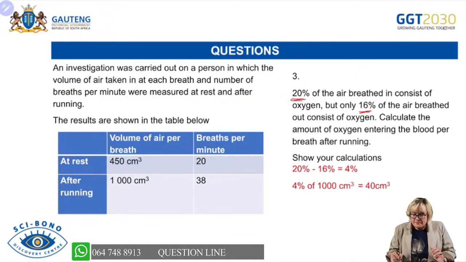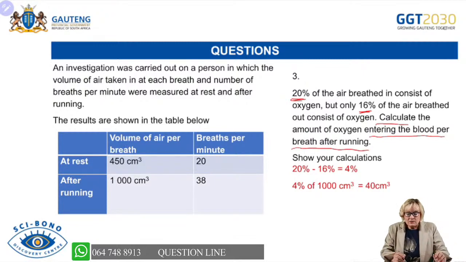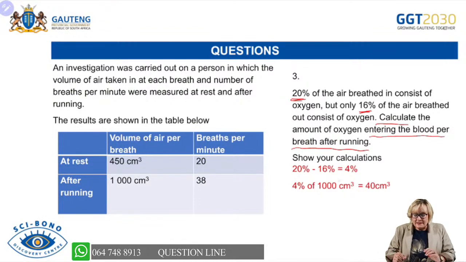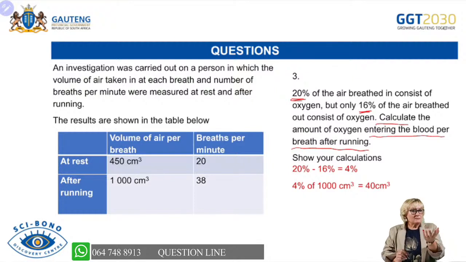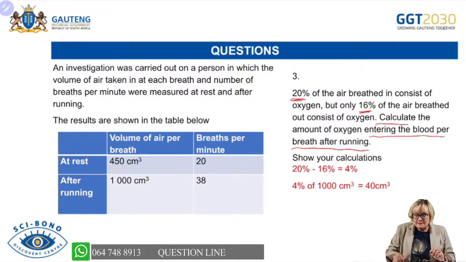Now they say, calculate the amount of oxygen entering the blood per breath after running. After running, you're taking in 1,000. In the air that I'm taking in, there's 20% oxygen. But when I breathe out, there's now only 16%. So how much oxygen did my body take out of that air? 4%. So 20% minus 16% gives you 4%.